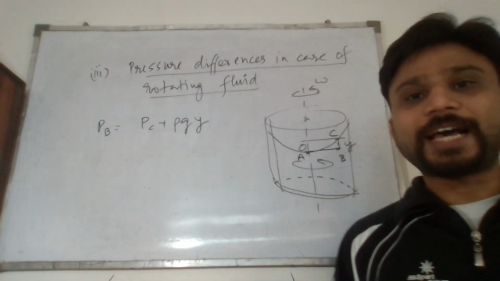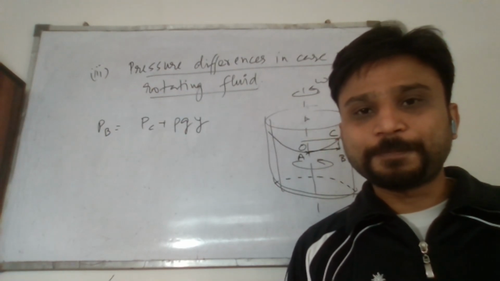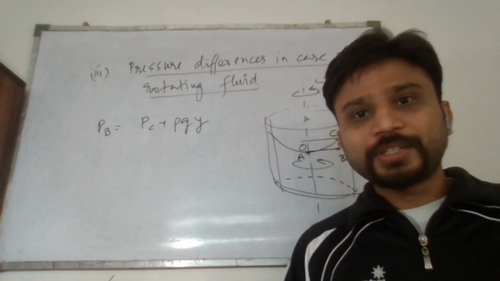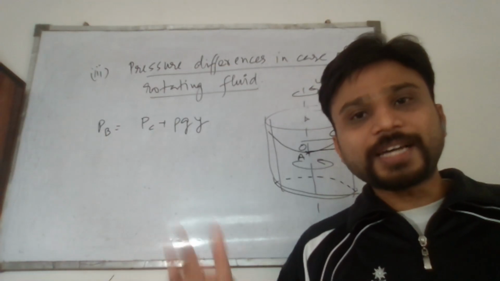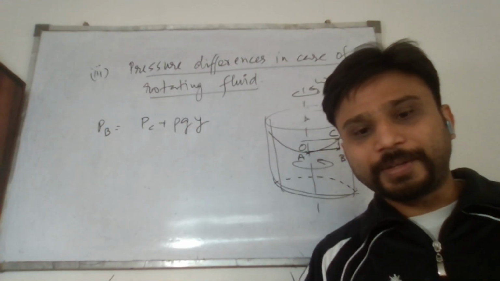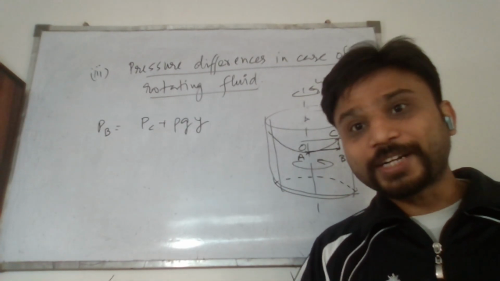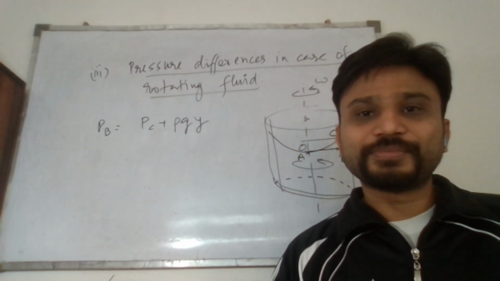So what do you think will happen if I increase the speed with which I am whirling the water particles? The parabola will become even more sharp. That is, the particles at the side of the tub will rise high, and the particles at the center of the whirlpool will go even lower. In fact, if you whirl it very fast, you can even see the bottom of the tub.